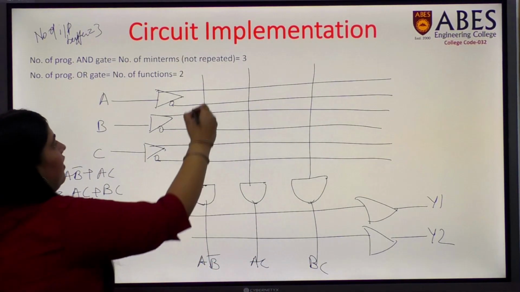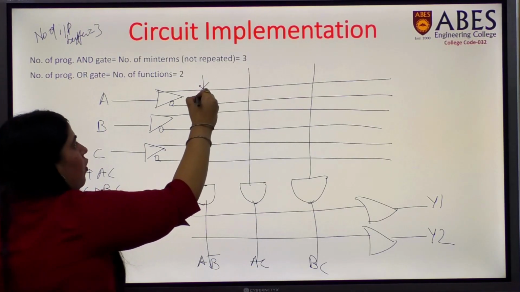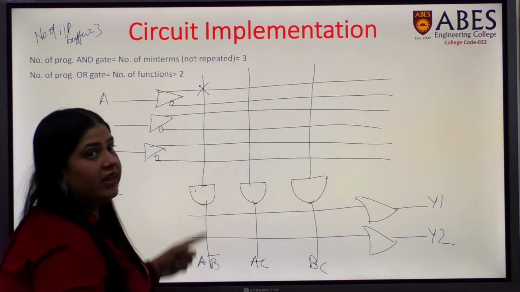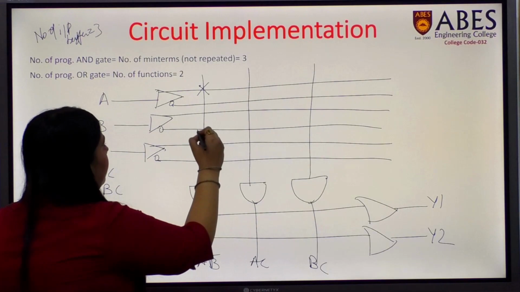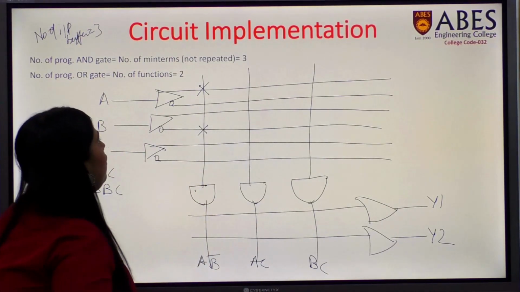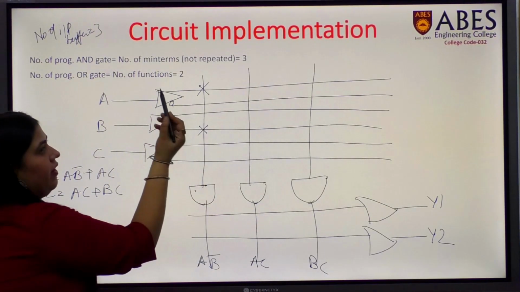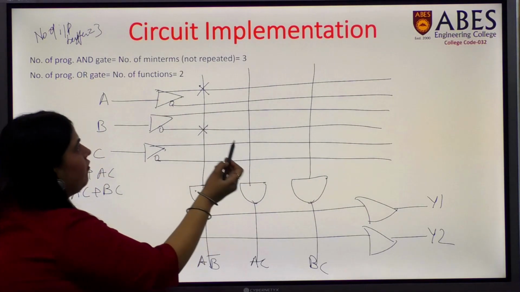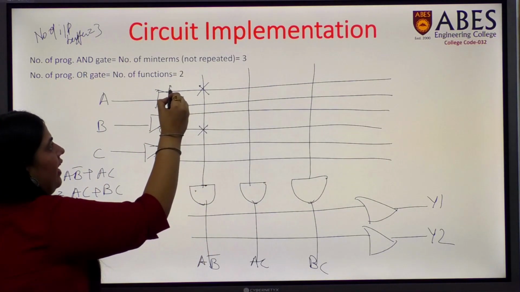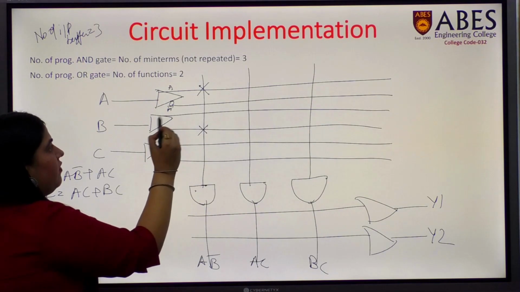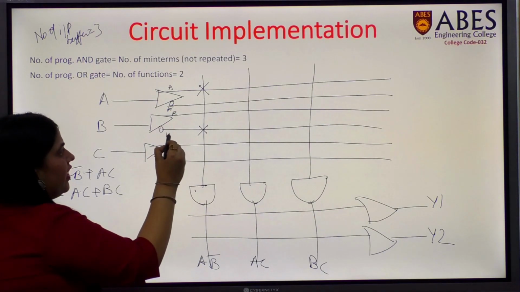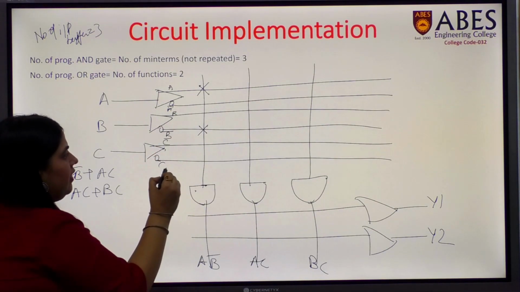So for A, here we are marking the cross. Cross means this is connected to this single line. B bar, B bar, because this input buffer will give you the variable in both complemented and uncomplemented form. Here we are getting A, here we are getting A bar. Similarly, here we are getting B, here we are getting B bar, C, C bar.